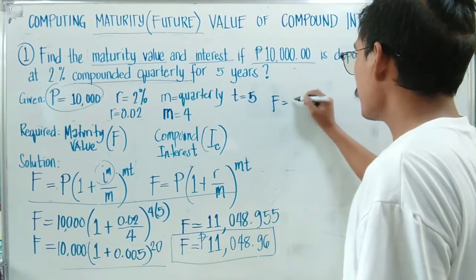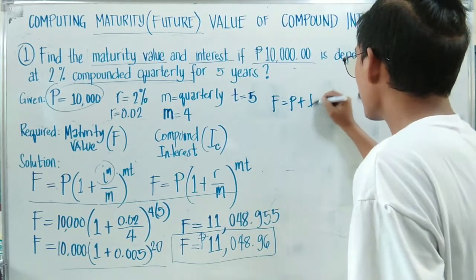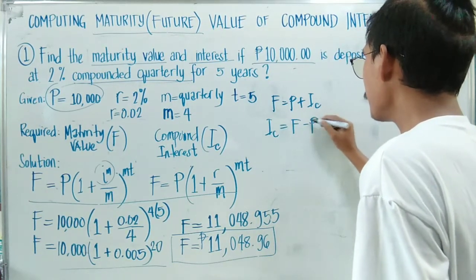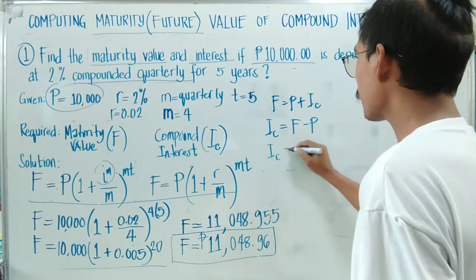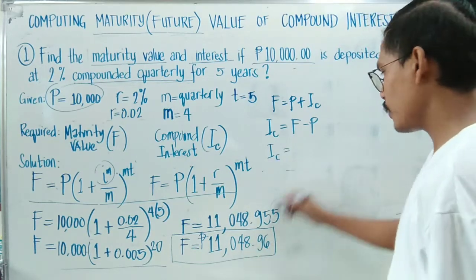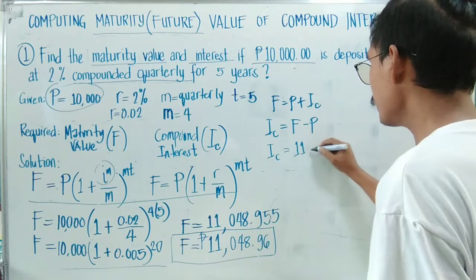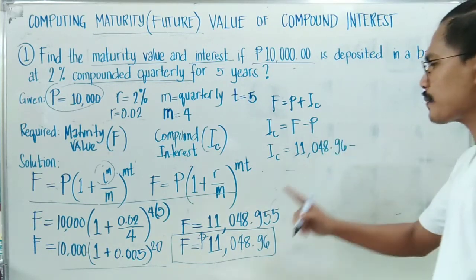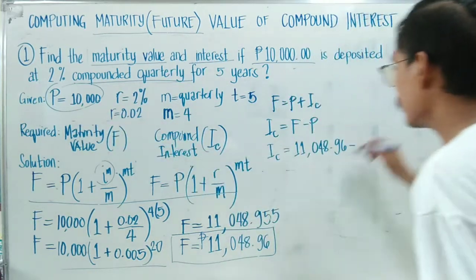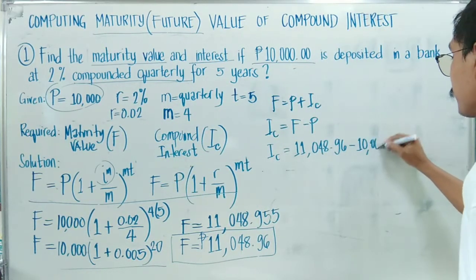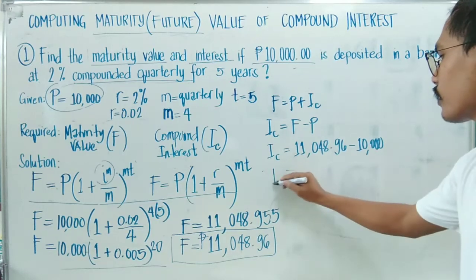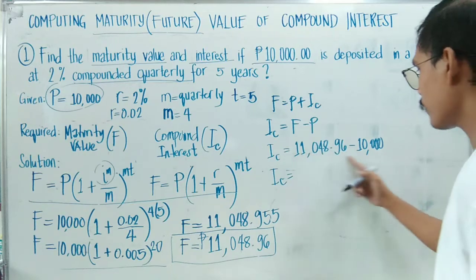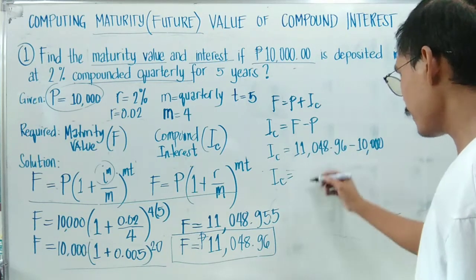So we have F is equal to P plus I sub C. Then I sub C is equal to F minus P. So compound interest is F. We have computed already your F, which is 11,048.96 minus P from your given, which is 10,000. Then the compound interest is minus 10,000 from 11,048.96.